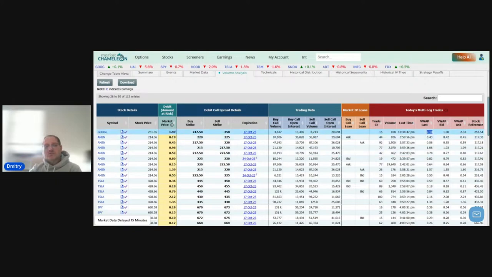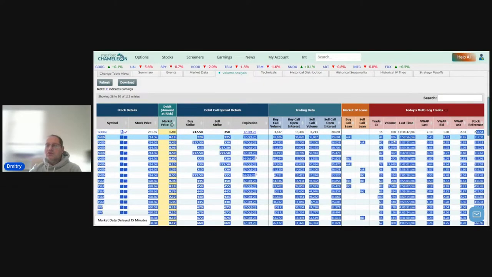So now it's offered below that. The bid and offer at the time were 1.90 and 2.33. So we could see it's trading in between, closer to the offer, with a reference price of 253.54. So you could see the stock was down from that. Okay.